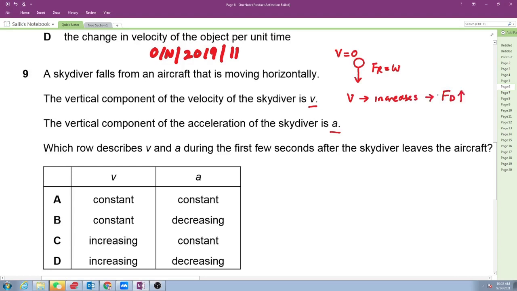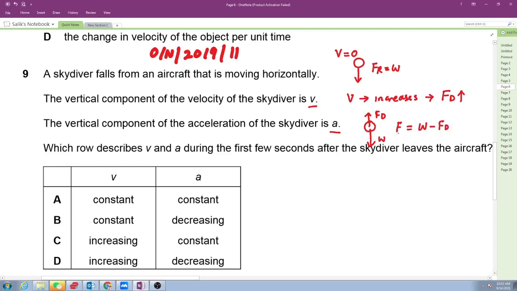When the drag force increases, after a few seconds the situation is like this. The weight is still W, and now another force comes, the drag force. So the resultant force becomes smaller, because now the resultant force is W minus the drag force.